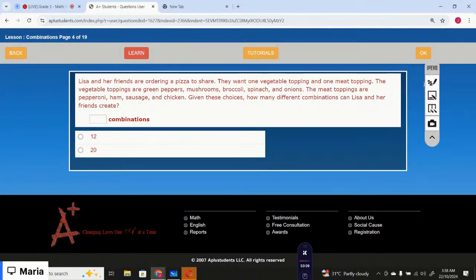Hmm, she can make total 12. One, two, three, four, five choices, and 5 times 4 is 20. The correct option is 20. She has 5 options for vegetable topping, and for meat topping she has 1, 2, 3, 4 choices.